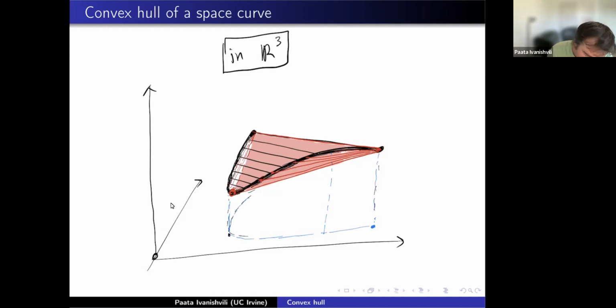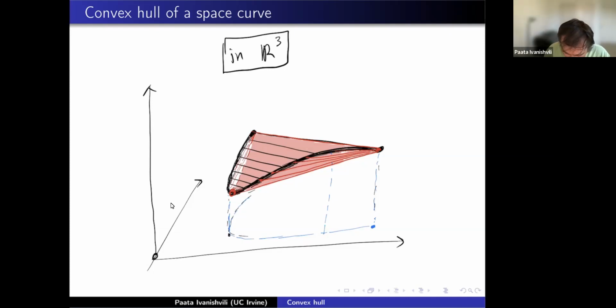And the same thing is happening from that side. We are joining this point with all points of this curve. That's the boundary of the convex hull, and everything inside is just the convex hull of the space curve. So it looks like this.